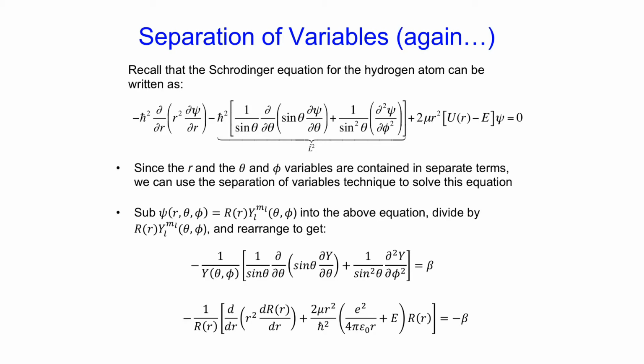What you'll end up with is this expression essentially added to this expression to equal 0. And then that tells you that you just have equal constants that are opposite in sign that add up to 0.